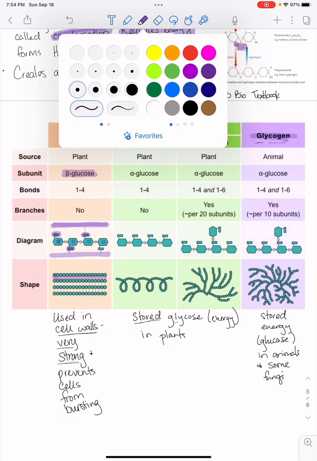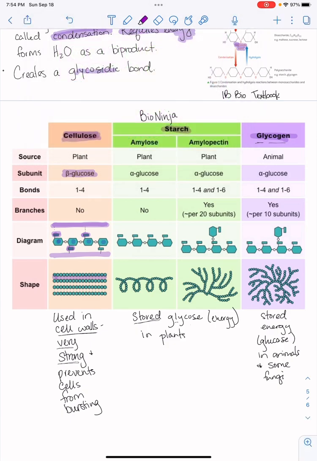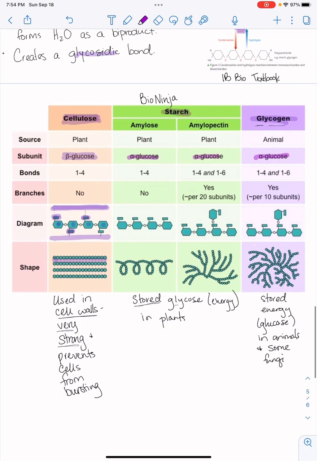Beta glucose is super helpful for creating strong polysaccharides, but when you have alpha glucoses, it can create these very tight kind of spiraled molecules, as you can see in these pictures below, okay?